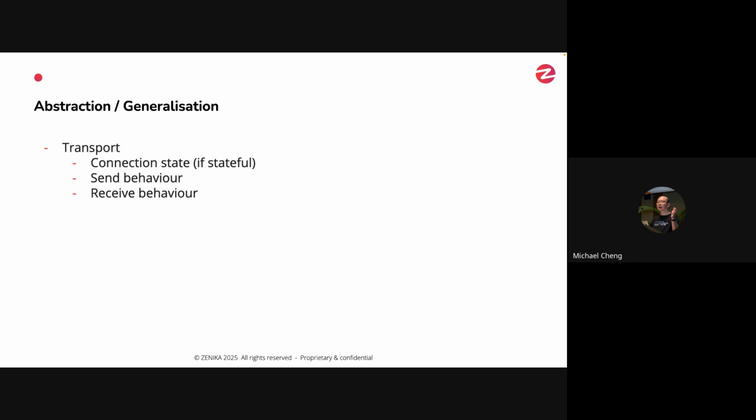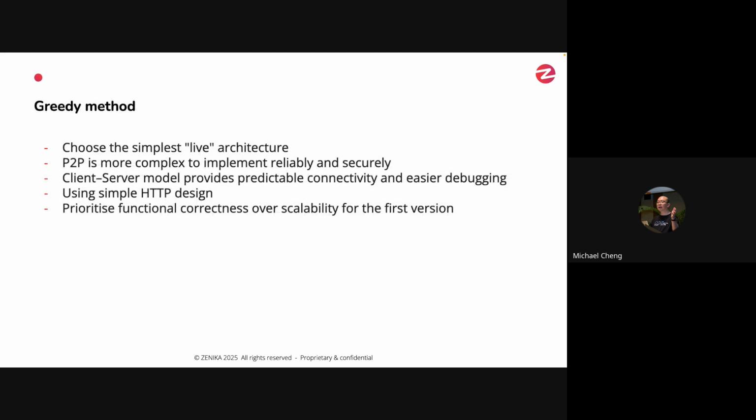And the transport itself could have state of its own. What is the send and receive behavior, right? So for the algorithm itself, I'm going to choose the greedy method. There are many different types of algorithms out there, and they have different categories.